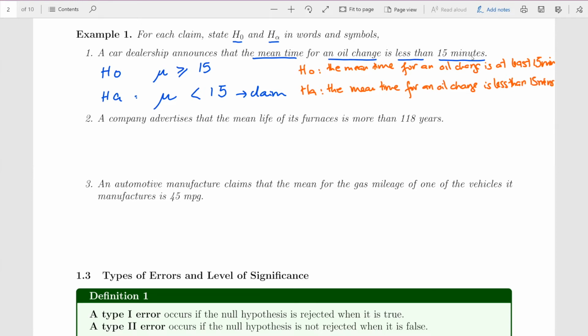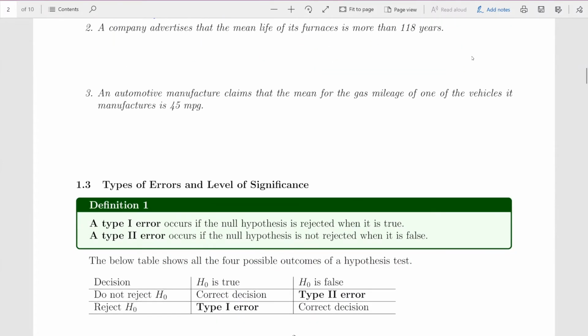All right, going to the second part of the first example. A company advertises that the mean life of its furnaces is more than 118 years. Again, we need to come up with the null hypothesis and the alternative hypothesis. More than, so we know that it has to be in the alternative hypothesis.